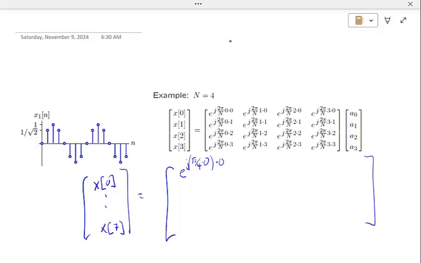In this case, it's the first 4th root of unity. For us, it's going to be the first 8th root of unity. The second one is going to be e to the j, pi over 4 times 1, times 0. And then here we're going to go all the way up to e to the j, and the last one, instead of 3, it's going to be 7. Pi over 4 times 7, because I have 8 altogether, and this times 0.